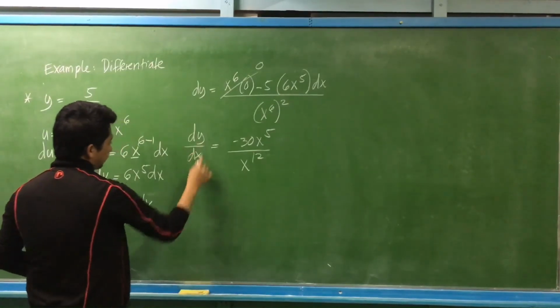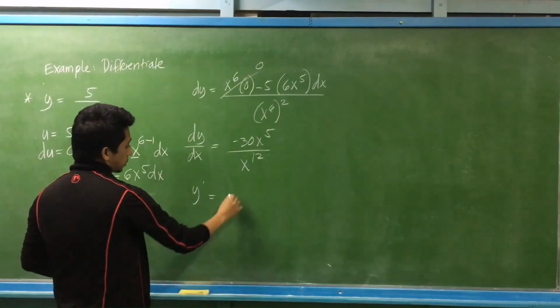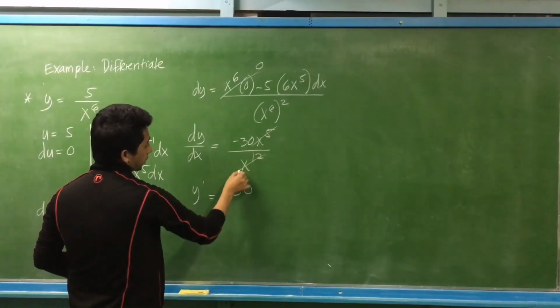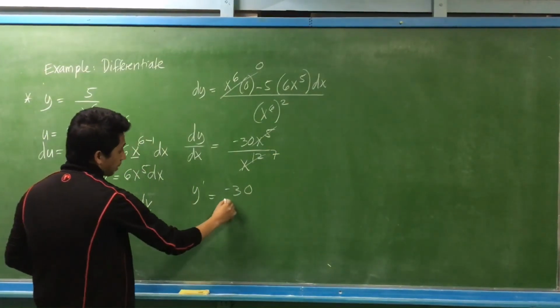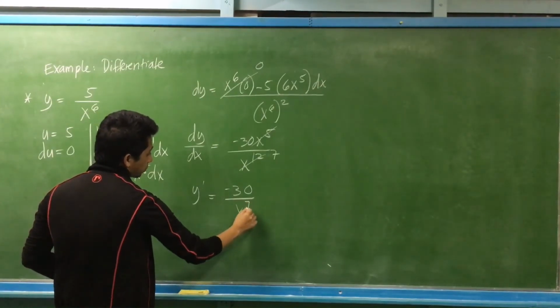Then dy over dx is the same as y prime, so this is negative 30. We may cancel x raised to 5 and x raised to 12. What remains is 7. So this is the same as negative 30 over x raised to 7.